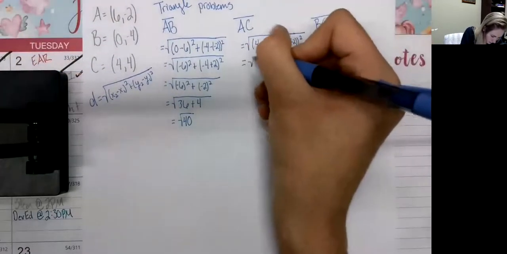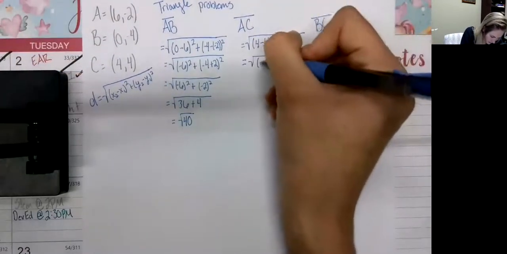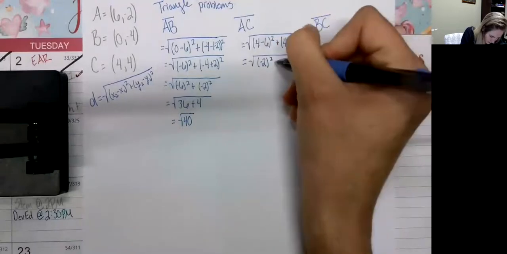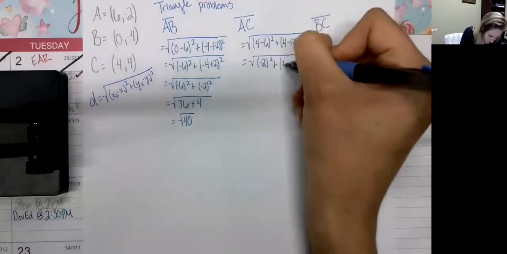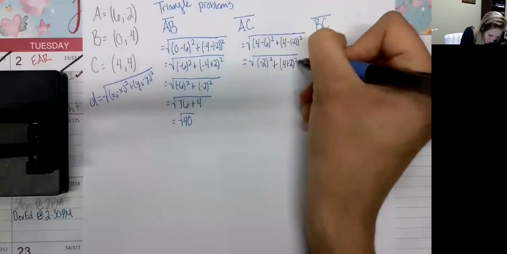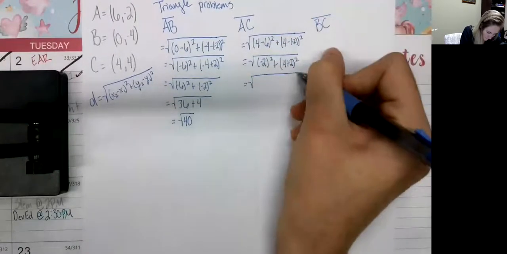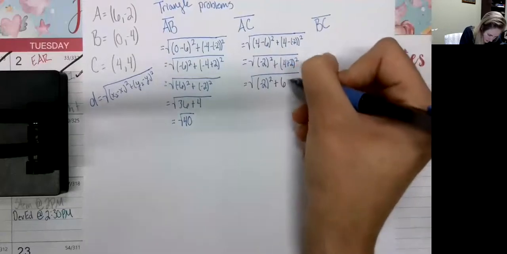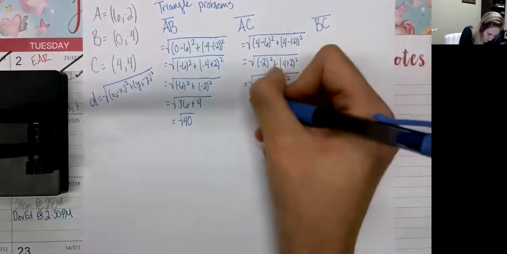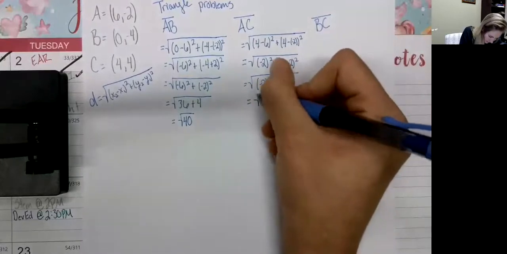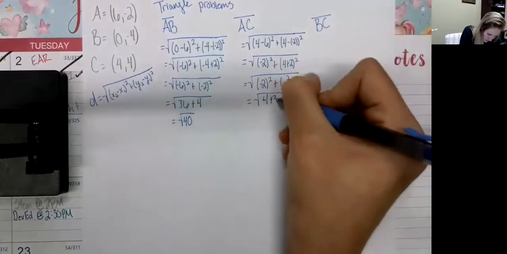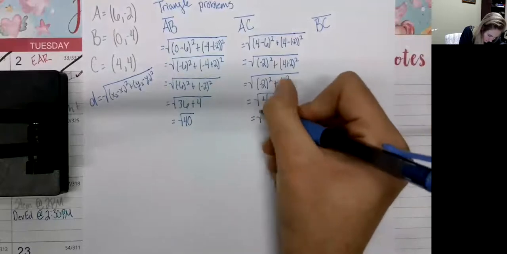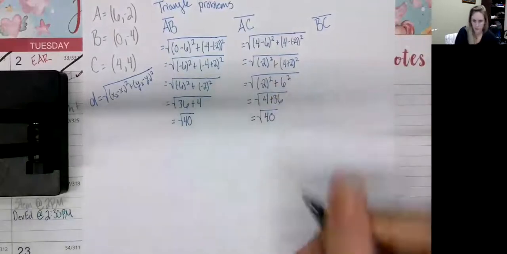Go ahead and simplify. So 4 subtract 6 squared would give us a negative 2 squared plus this would be 4 plus 2 squared. And we'd have negative 2 squared plus 6 squared. Go ahead and square those. So we'd have 4 plus 36, which equals the square root of 40.